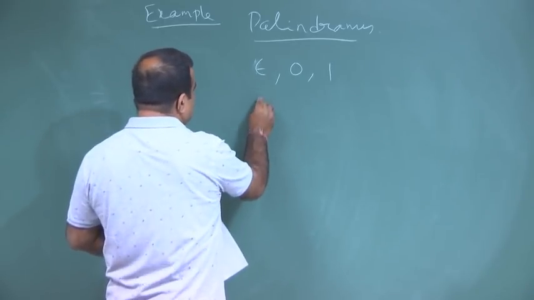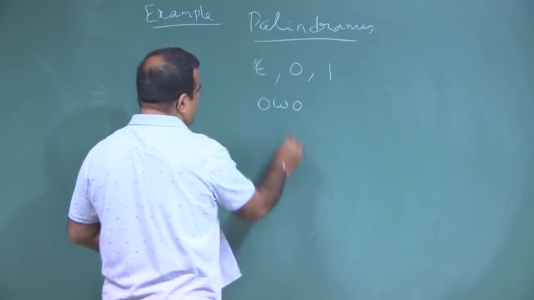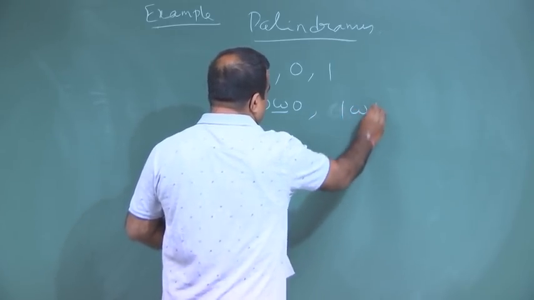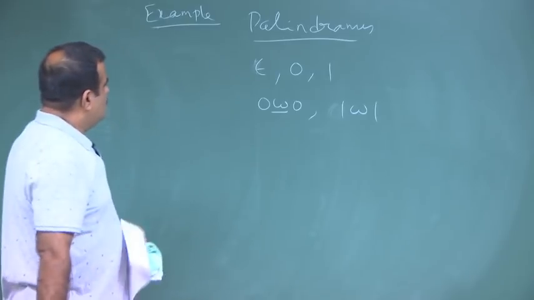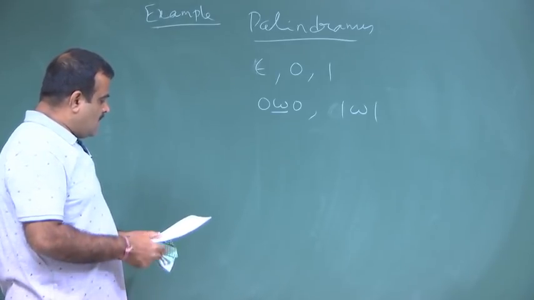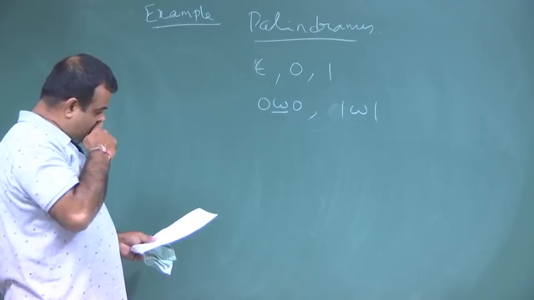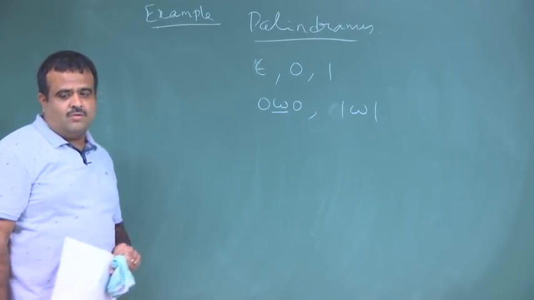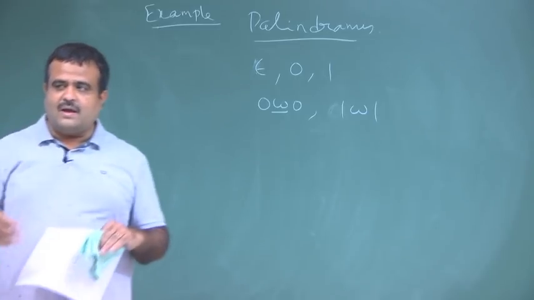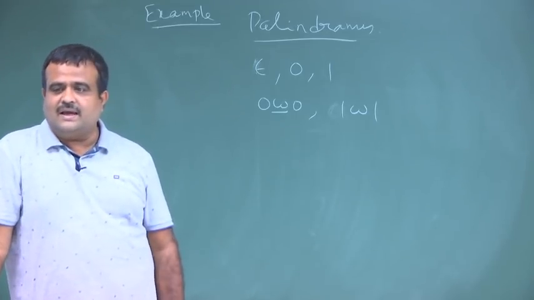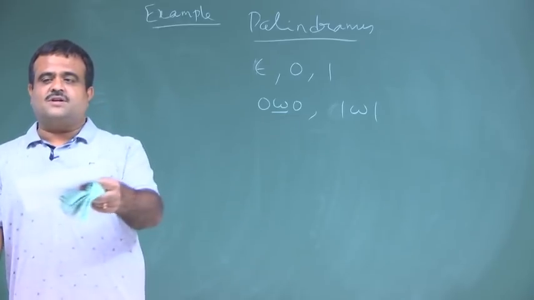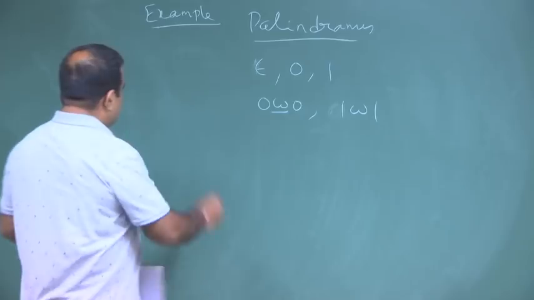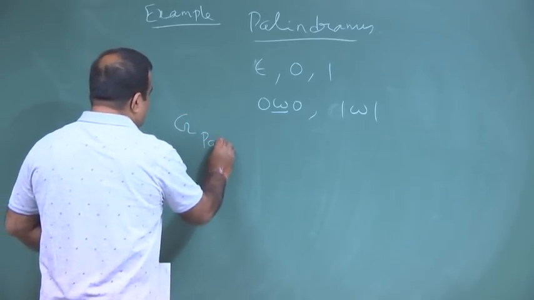Now, 0w0 is a palindrome if w is a palindrome, and likewise 1w1. We want a context free grammar which accepts the palindromes, so that the final terminal string will be a palindrome. That is G palindrome.